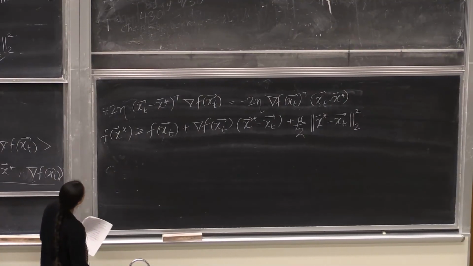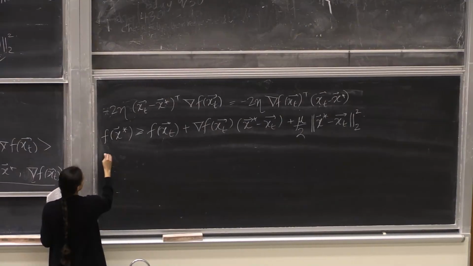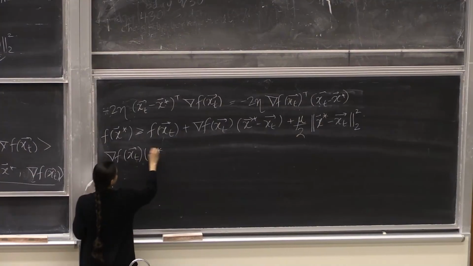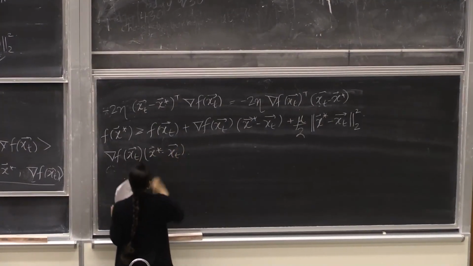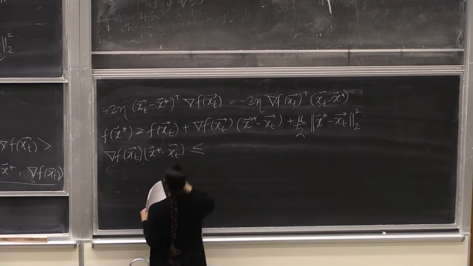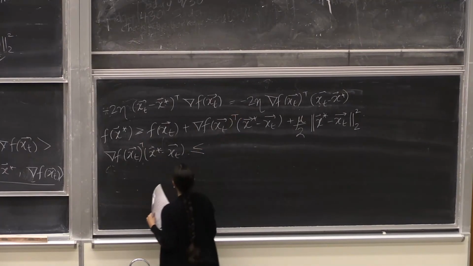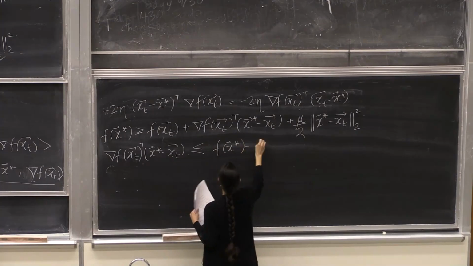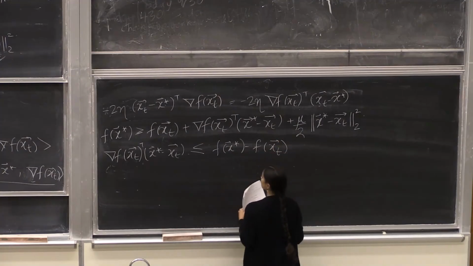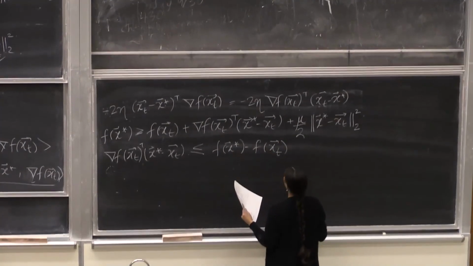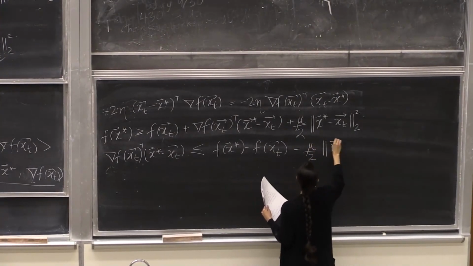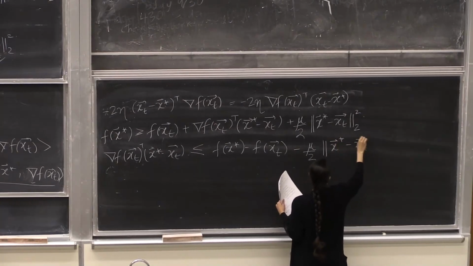And now if I manipulate this, I get gradient of f of xt, x star minus xt, is less than or equal to f of x star minus f of xt minus mu over 2 norm of x star minus xt squared.